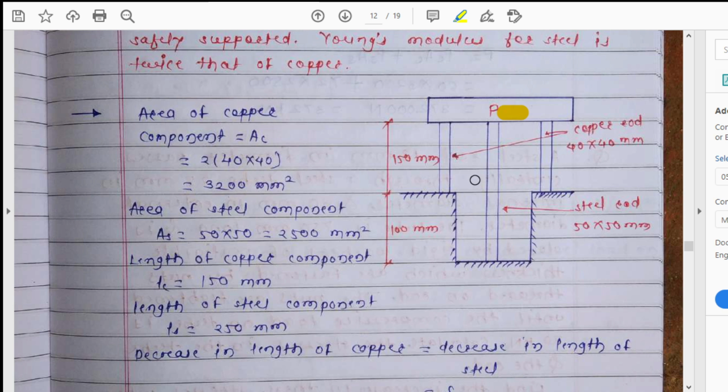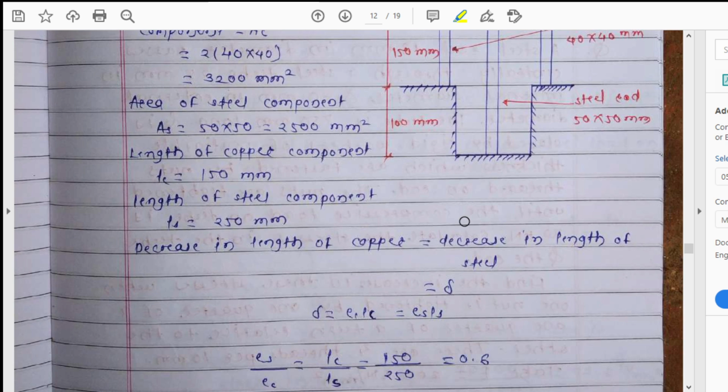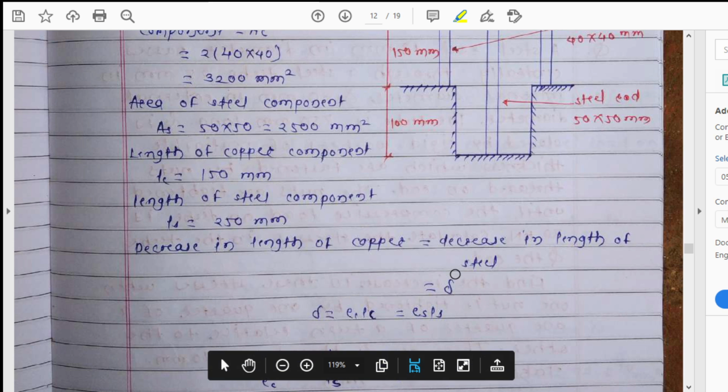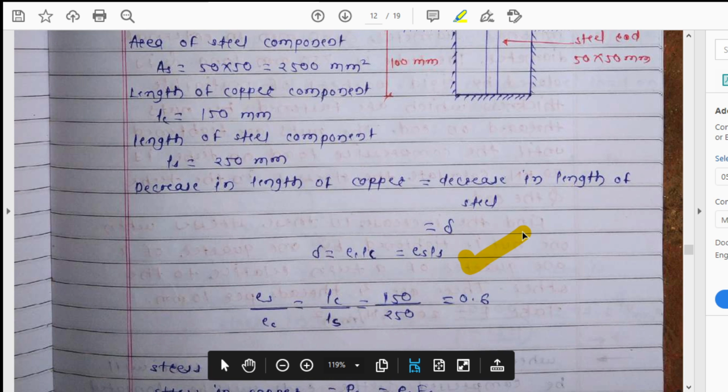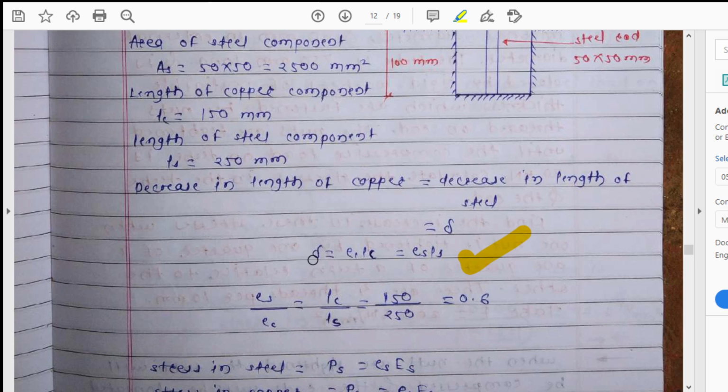It's 100 plus 150. Now the decrease in length of copper will be the same as the decrease in length of steel, because when the column decreases, copper decreases and steel also decreases. That whole will be your delta value. We have already solved this.